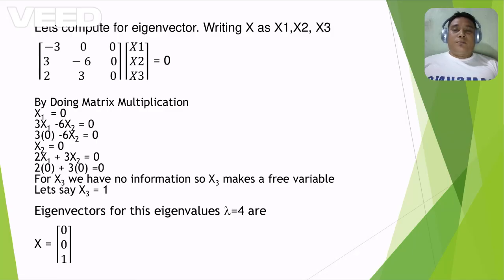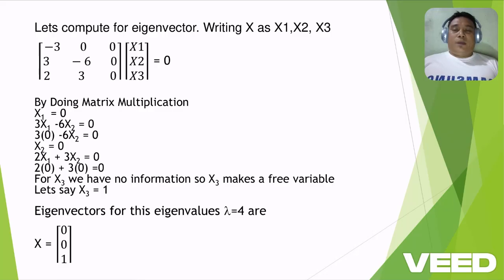We know that x1 is 0, so we substitute: 3 times 0 minus 6x2 equals 0. Dividing by 6, x2 equals 0. For row 3, 2x1 plus 3x2 equals 0. We know that x1 is 0 and x2 is 0, so 2 times 0 plus 3 times 0 equals 0.